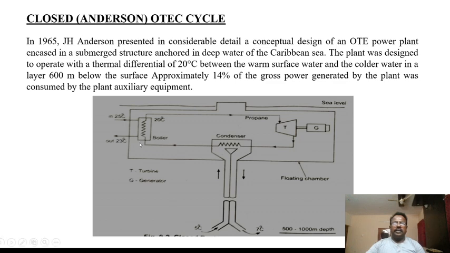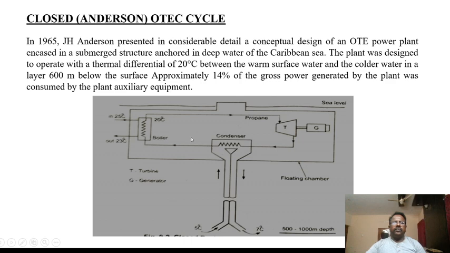Here the liquid propane is converted into vapor. Then this vapor is transferred to the turbine. The vapor energy is converted into mechanical energy, then mechanical energy to electrical energy, and the expanded propane vapor is converted into condensate or liquid state, and this forms a closed cycle.